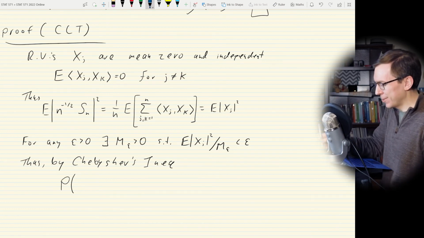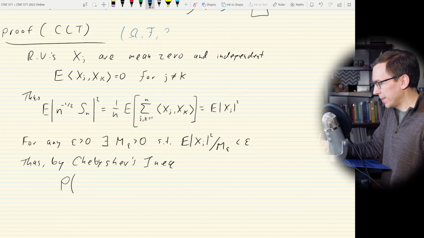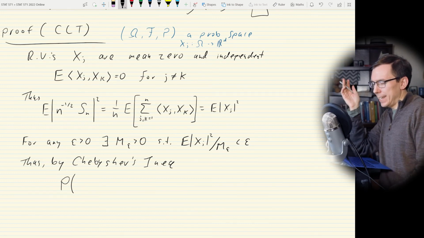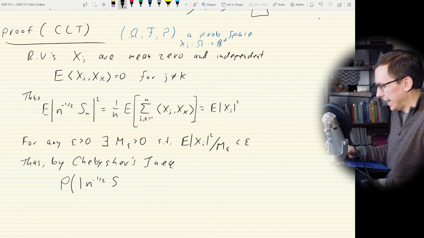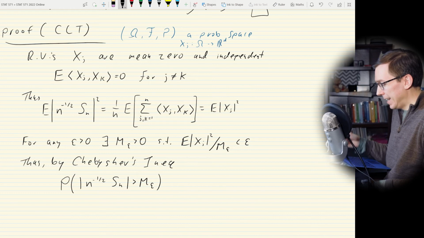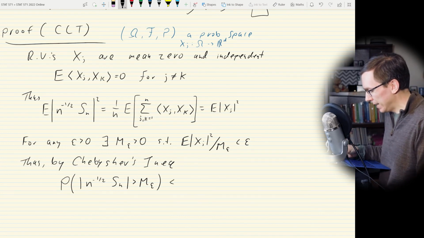Always got to start off with Ω, F, P, a probability space, and the X_j's mapping from Ω into R^d. So in this case, we can talk about the probability that this is greater than M_epsilon, and Chebyshev tells us that this has to be less than epsilon.